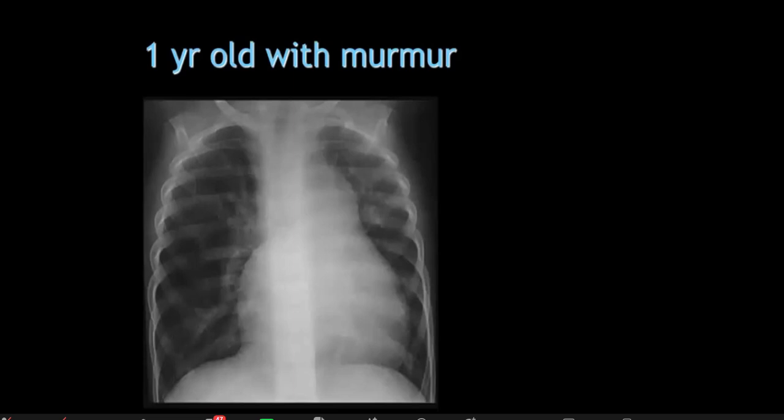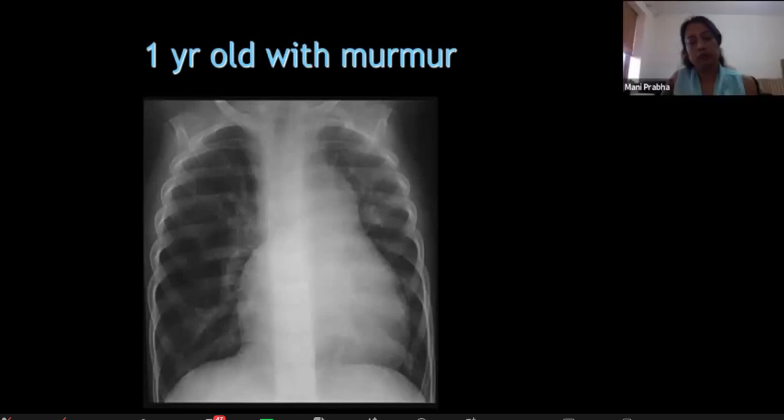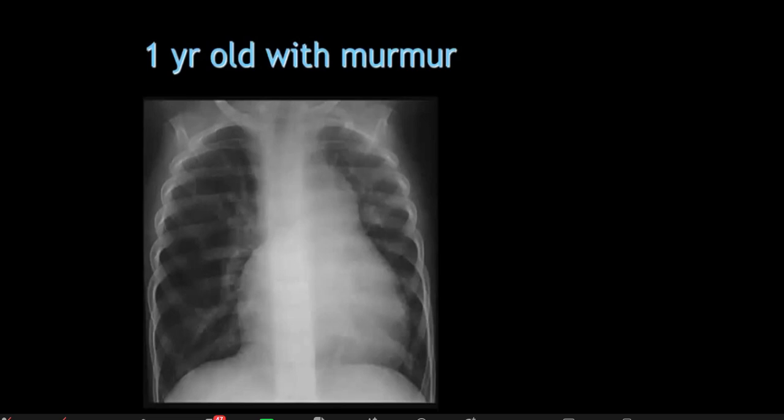Cardiac chamber enlargement, there is gross cardiomegaly. I'm not sure if there's any particular predilection for right versus left. Looking at the spine, the ribs and sternum, they look unremarkable.